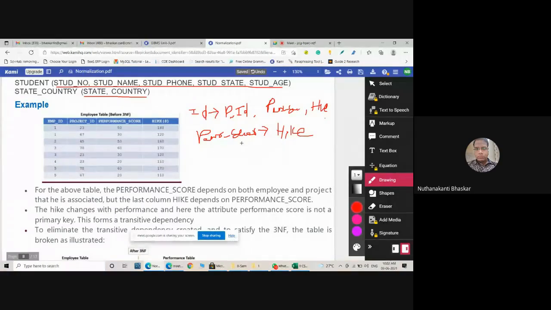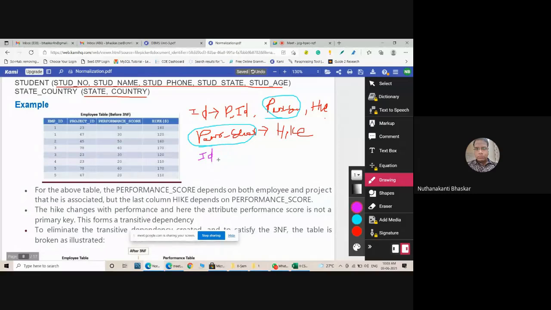Then you need to avoid the trivial dependency because third normal form is going to avoid the trivial dependency. Yes or no? Yes, sir. So this is what I got. Then we need to decompose the table into two tables. What is that?